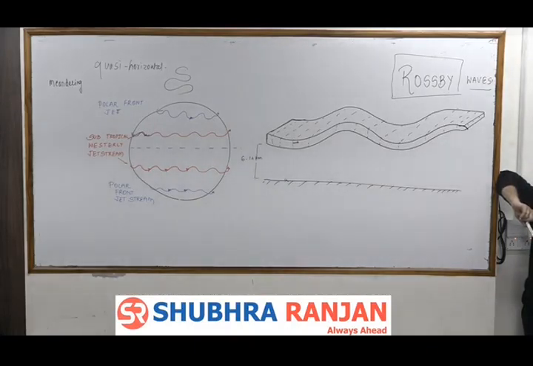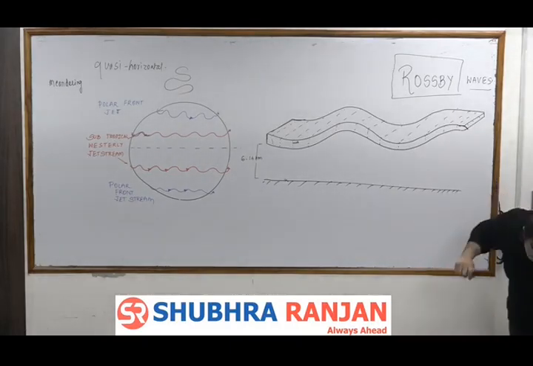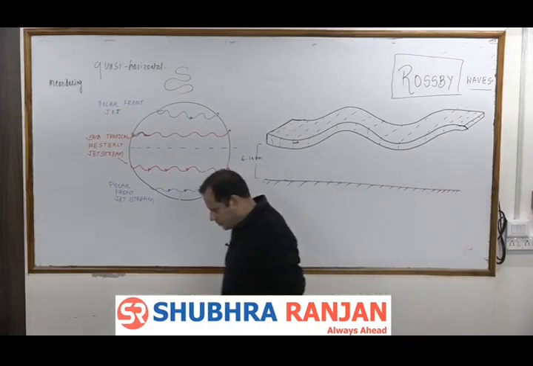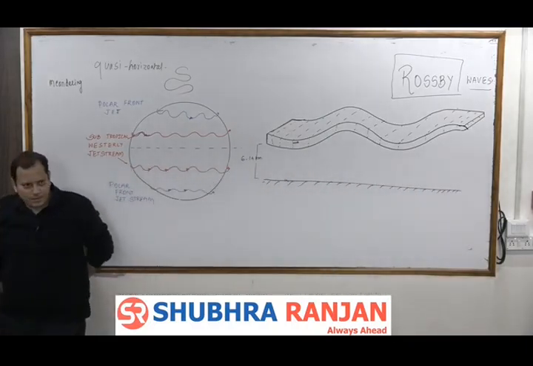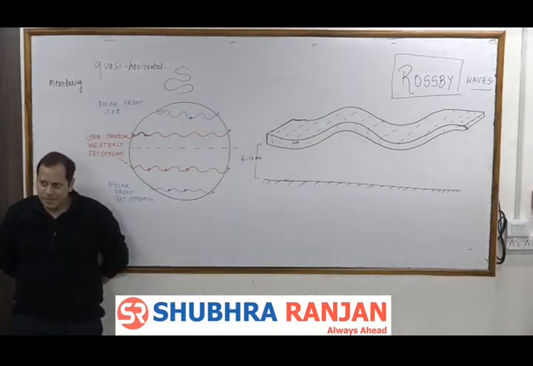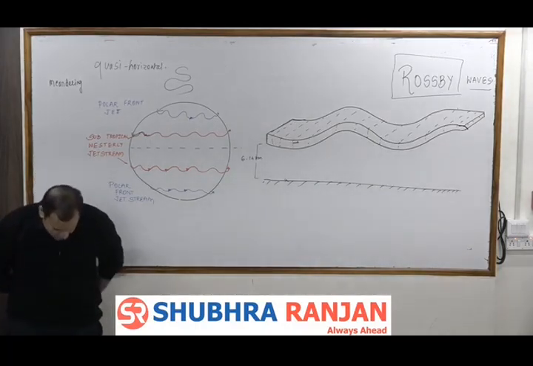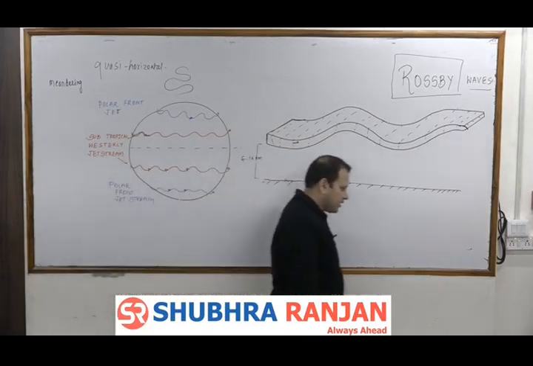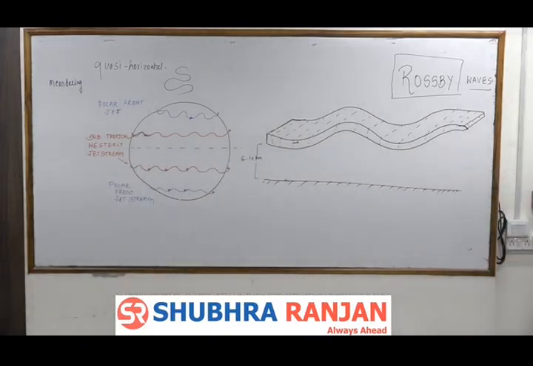Jet streams are stronger during the winter season, because the temperature difference between the two air masses is greater during the winters.